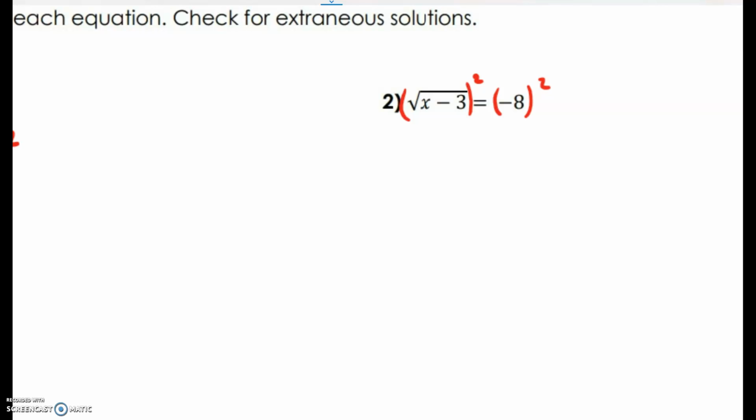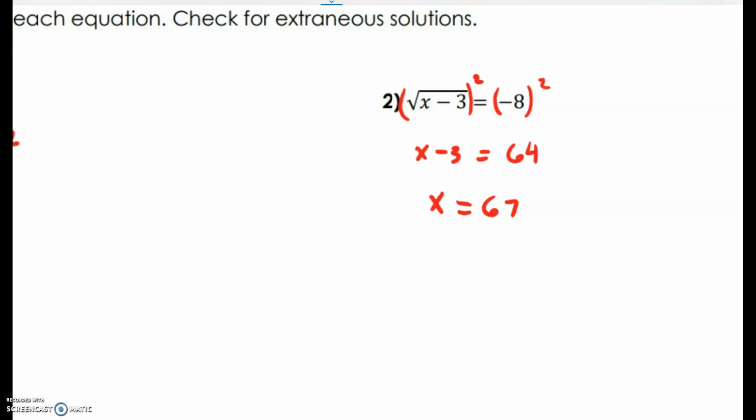Alright, so we're squaring both sides. Remember, the purpose of doing that is to get rid of that radical symbol, so we're left with just an x minus 3 when I square the left hand side. On the right hand side, negative 8 times negative 8 is positive 64. Let's add 3, and we get 67.